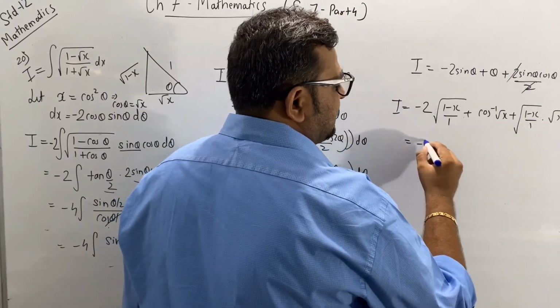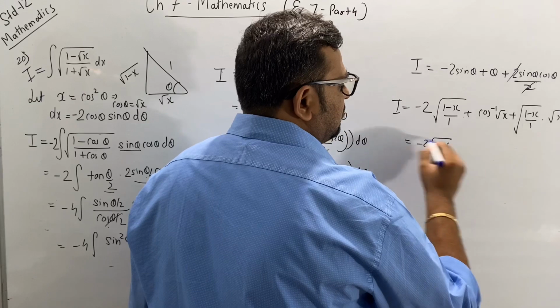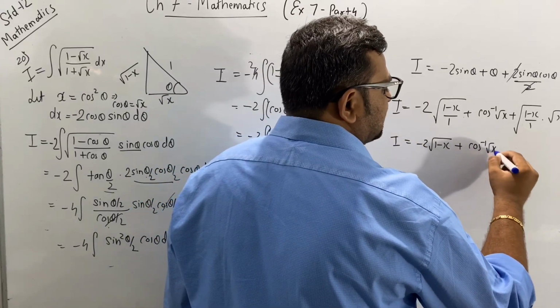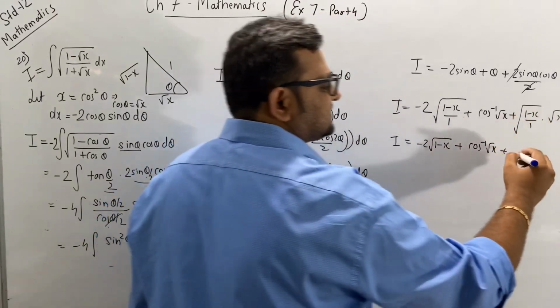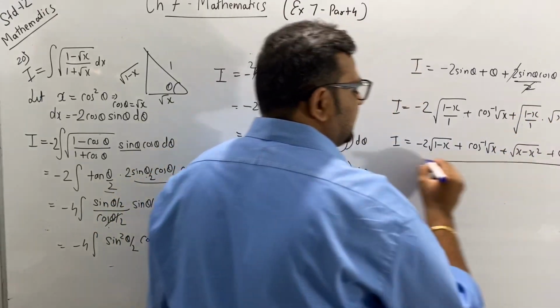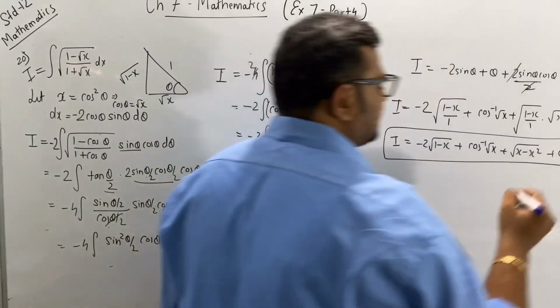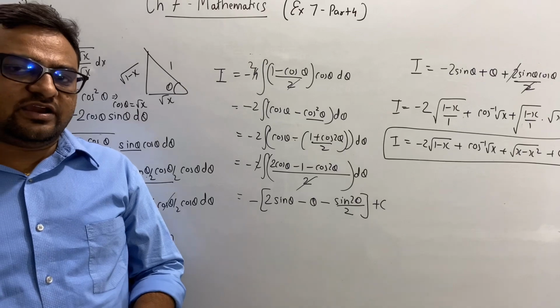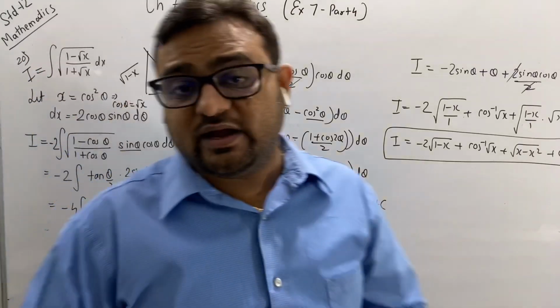So this is minus 2 root 1 minus x plus cos inverse root x plus, multiply this, root x minus x square, plus c. Okay, clear?